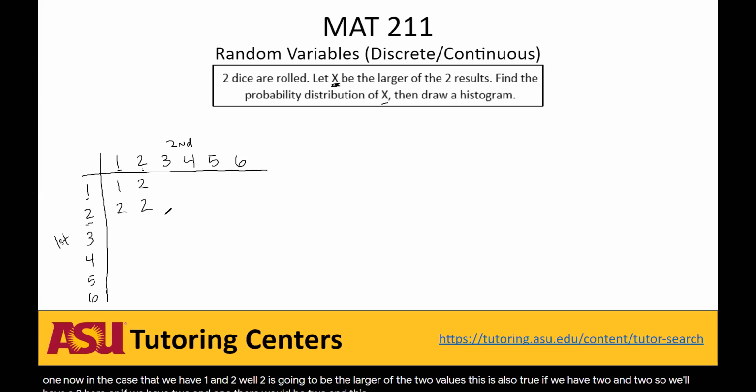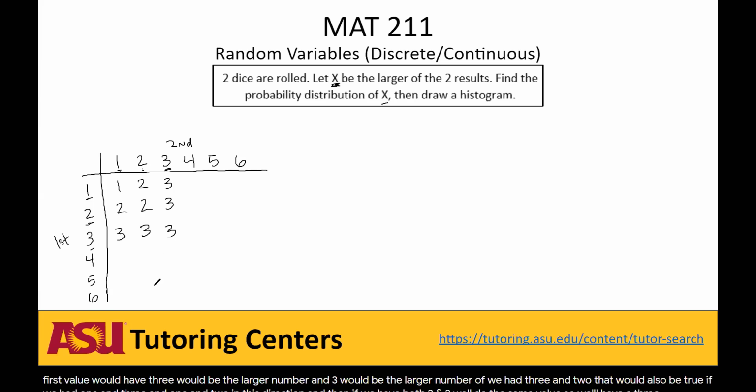In the same way, we're going to have 3 up for our second die and 1 for our first value. 3 would be the larger number. And 3 would be the larger number if we had 3 and 2. That would also be true if we had 1 and 3 and 1 and 2 in this direction. And then if we have both 3 and 3, well, they're the same value, so we'll have a 3.